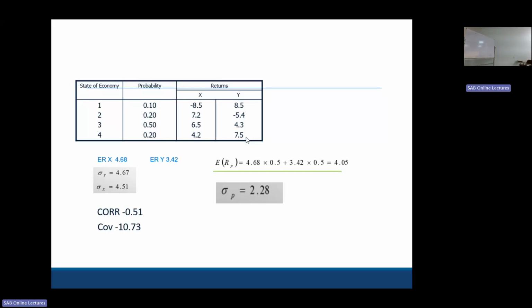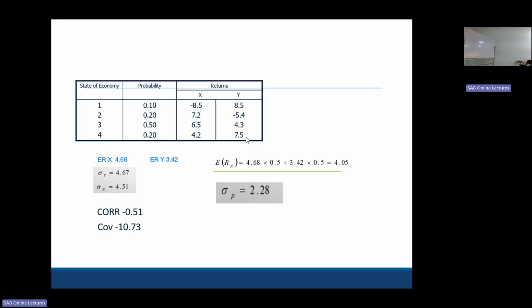Now, if you look at the correlation coefficient for these two stocks X and Y, you can interpret their direction of movement and even the size of the movement. It is minus 0.51. It means that they are moving in opposite directions. So when the X stock return is increasing at a particular time in the economy, Y is decreasing.